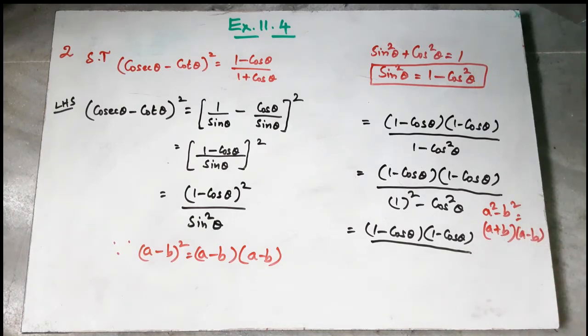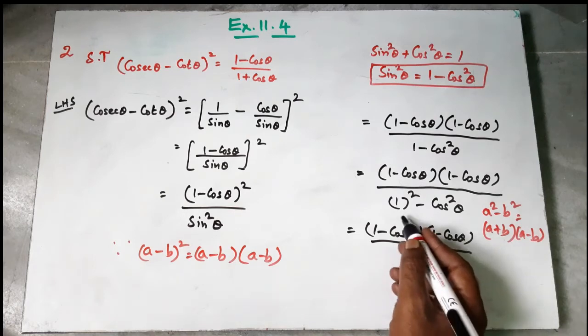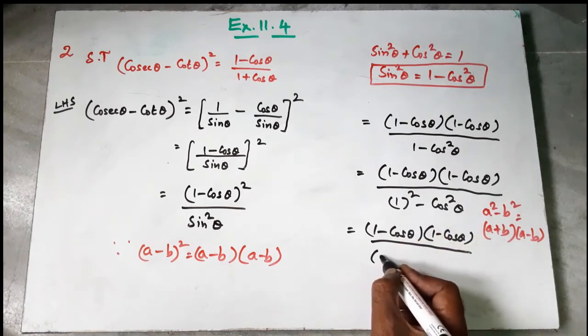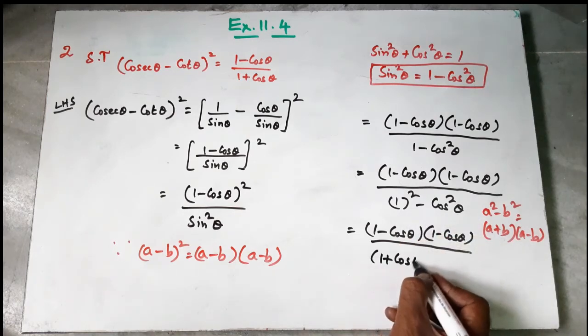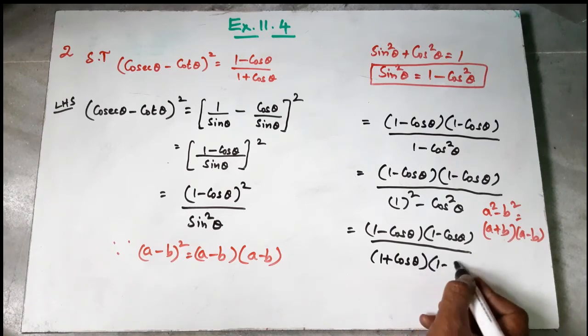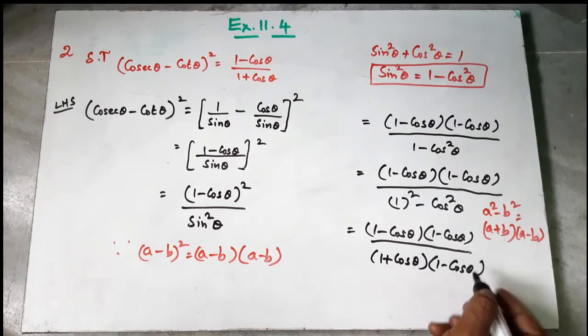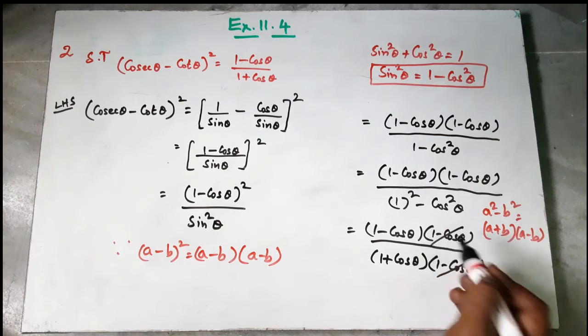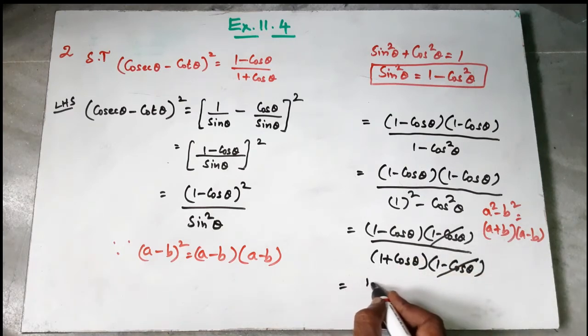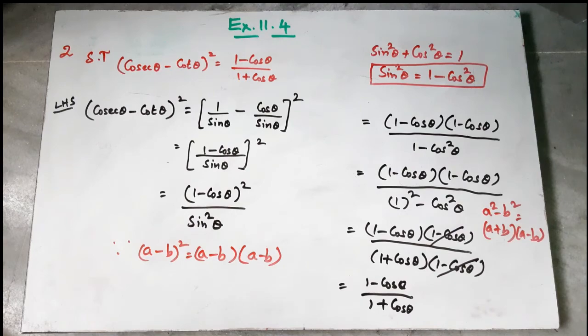So we are using this formula and we are writing a square minus b square means a plus b, 1 plus cos theta into 1 minus cos theta. So 1 minus cos theta cancelled. So what is remaining? 1 minus cos theta by 1 plus cos theta. So this is what RHS.